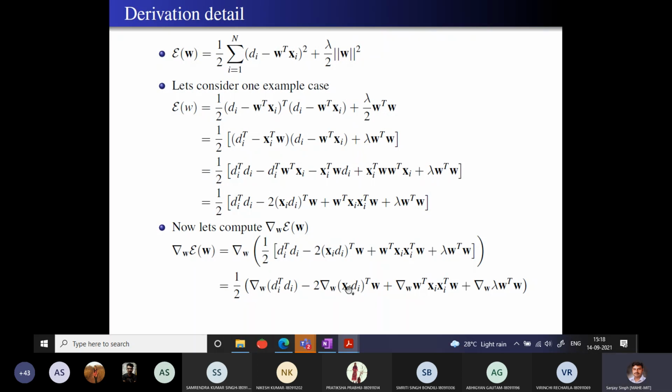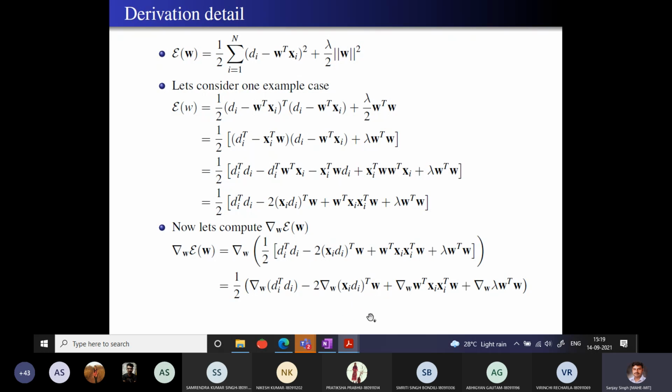Now remember that I showed you something called nabla_x b^T x, and that value is b. So here is nabla_W X_i D_i^T W. You treat the entire X_i D_i as b, and with respect to W this value comes out to be X_i D_i.